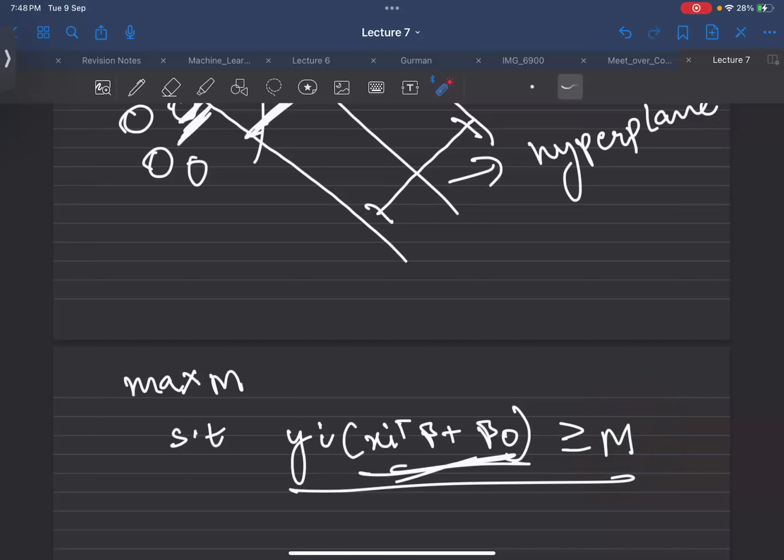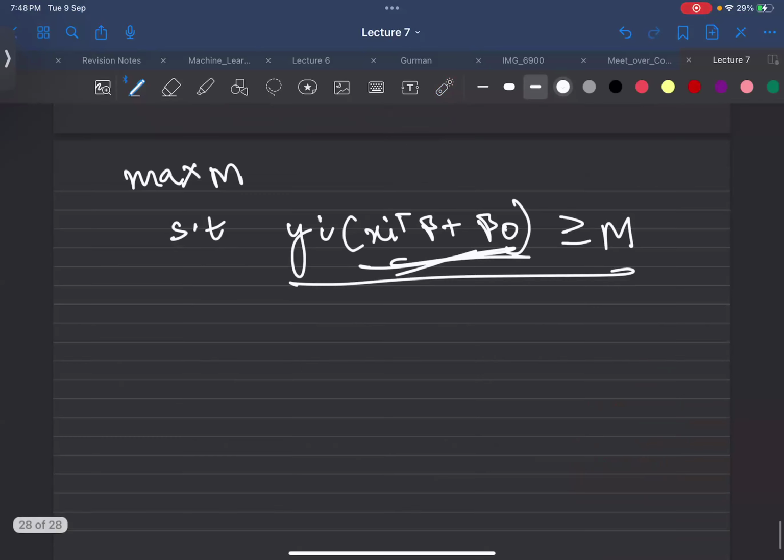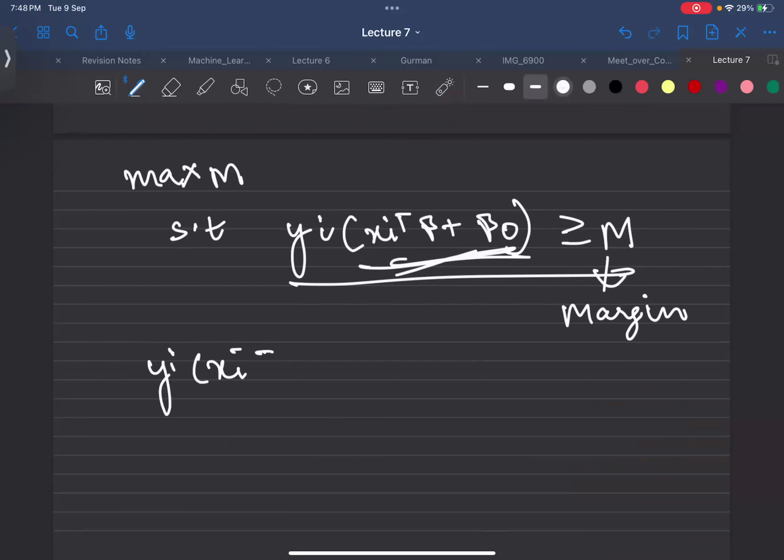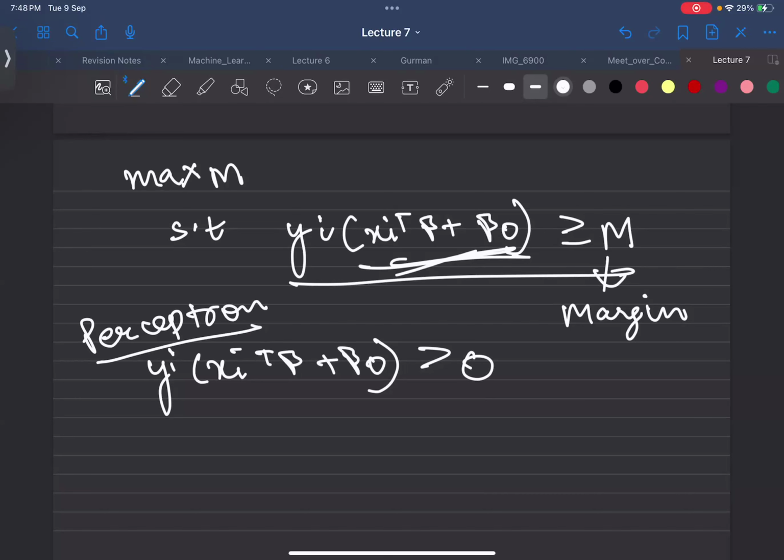If it's greater than 1, it means it's classified. But now I'm saying it's greater than m. What do you mean by this? Earlier in the perceptron, yi times (xi transpose beta plus beta naught) should be greater than 0, if they have to be correctly classified, as you told me.